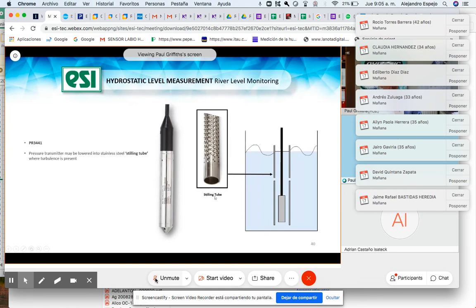So lots of different types available. You fix this into the water or the liquid, and then lower the transmitter into the tube. So the tube will always be full of water, but of course it will be stable between these two points. So it sort of averages out the effects of the water moving. So that's another sort of accessory that we have. We can offer this stilling tube.